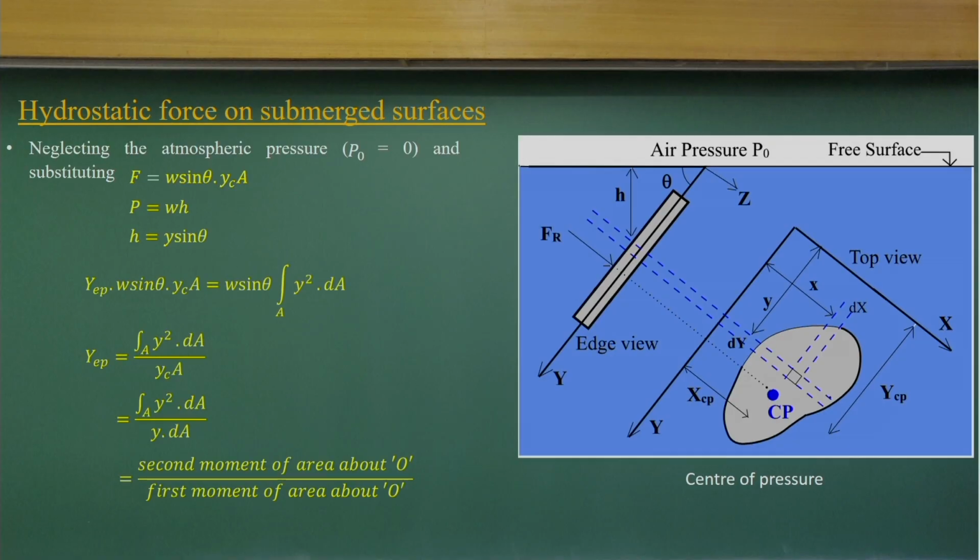If I do the integrations, the force F will be this component as we have derived, with pressure and h being y sin theta. Equating all, YCP will be the integral of y squared dA divided by the integral of y dA. That means the second moment of area about O, divided by the first moment of area about O, which is the y dA part.